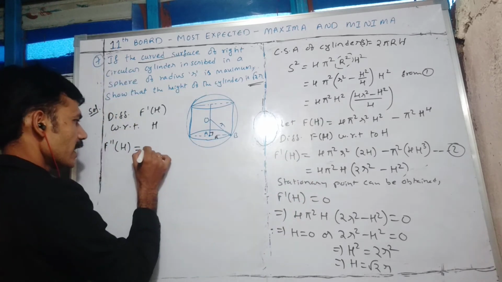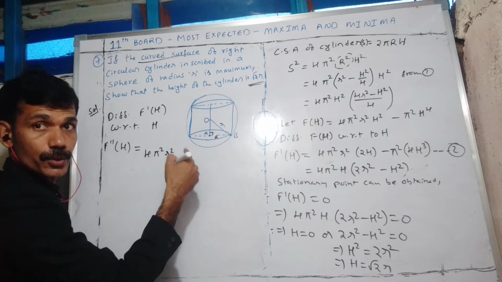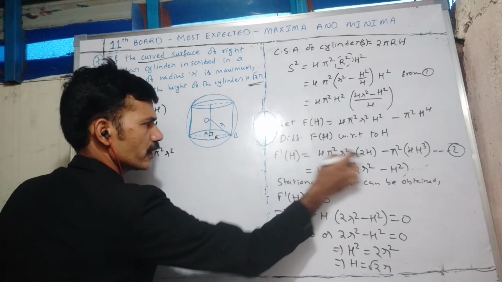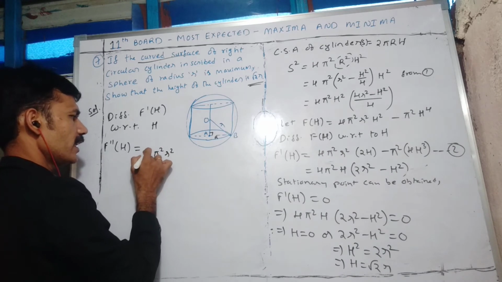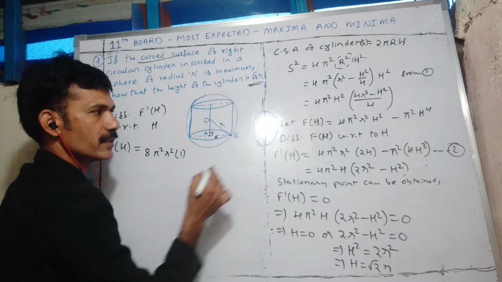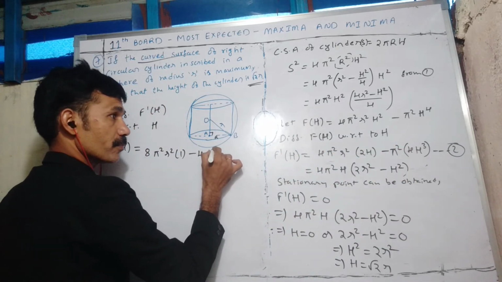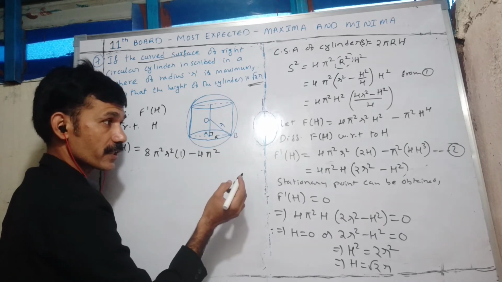4 is there, π² is there, r² is there. See, 4 into 2 is 8, I will write 8 directly here. If you differentiate h, you get 1. That side, what are we going to get? 4π², and h³ we are differentiating.